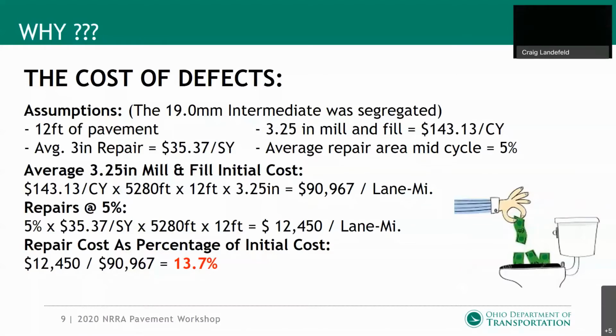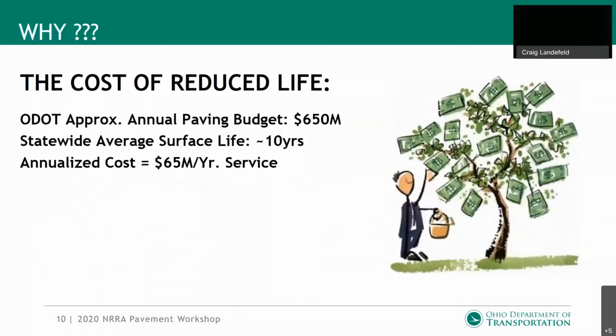We also look at some of the costs of reduced pavement life. Our annual paving preservation budget would run right around $650 million statewide is what we would spend on our annual paving budget. And again, not taking into account some of the newer preventive maintenance treatments that I've worked into our pavement cycles.